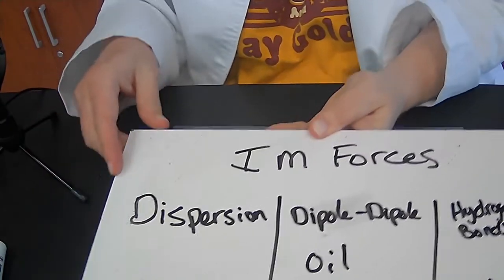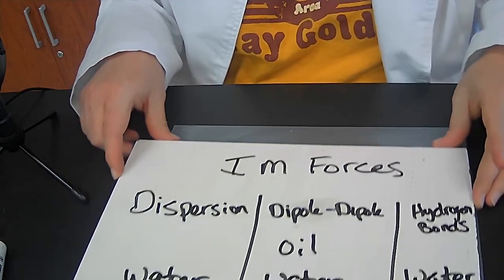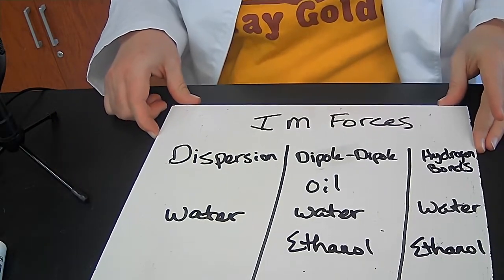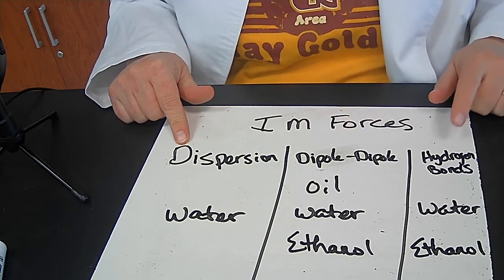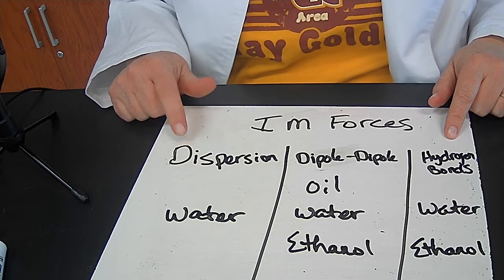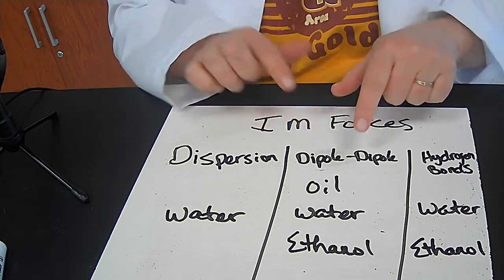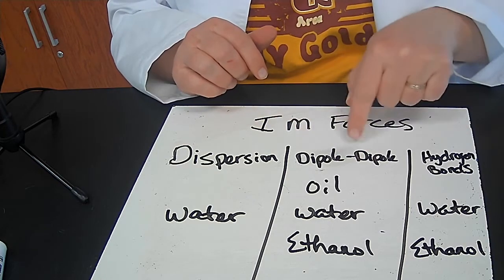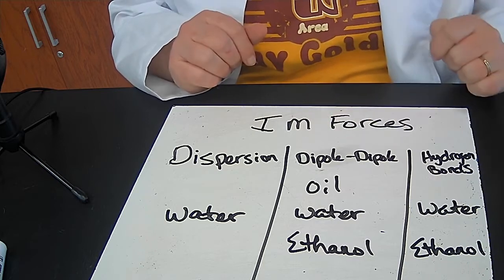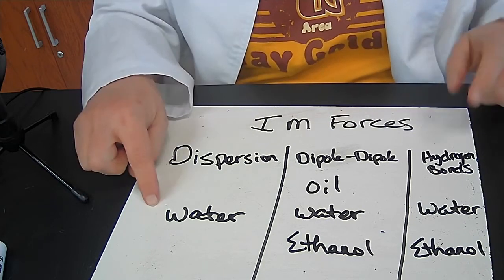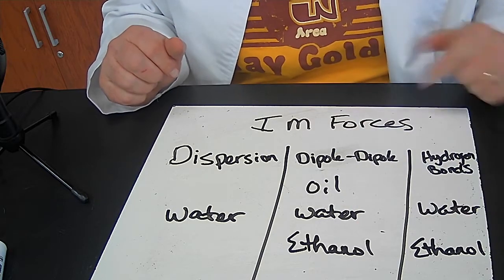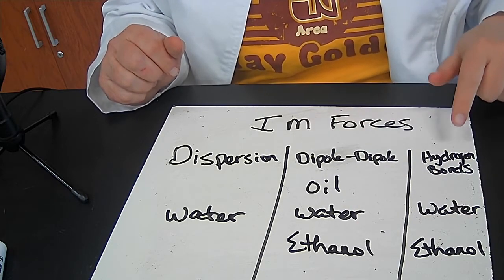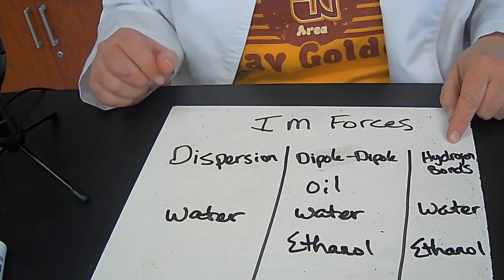We have different categories: dispersion, dipole to dipole, and hydrogen. For oil, most of it is dipole to dipole. Those are the IM forces it has. Water actually has all of them. And ethanol has dipole to dipole and hydrogen, but doesn't have dispersion.